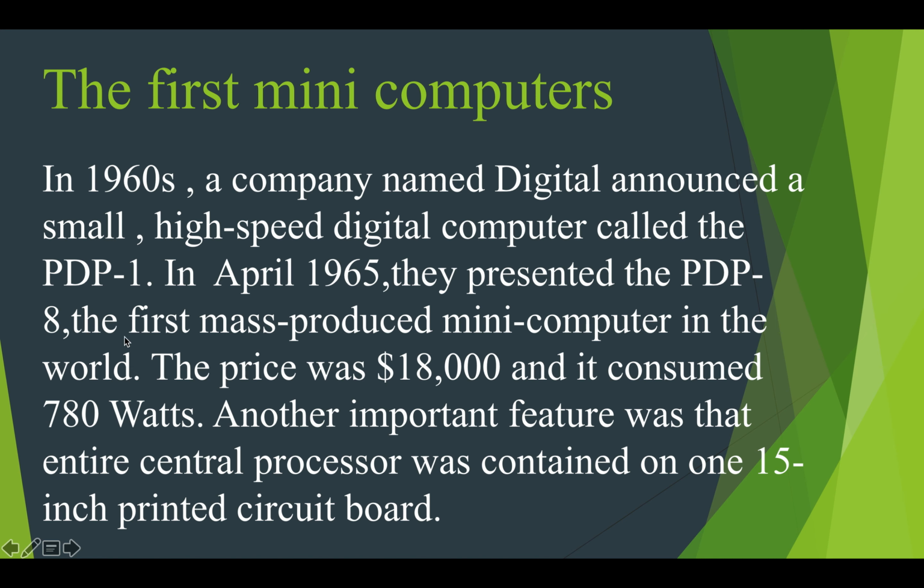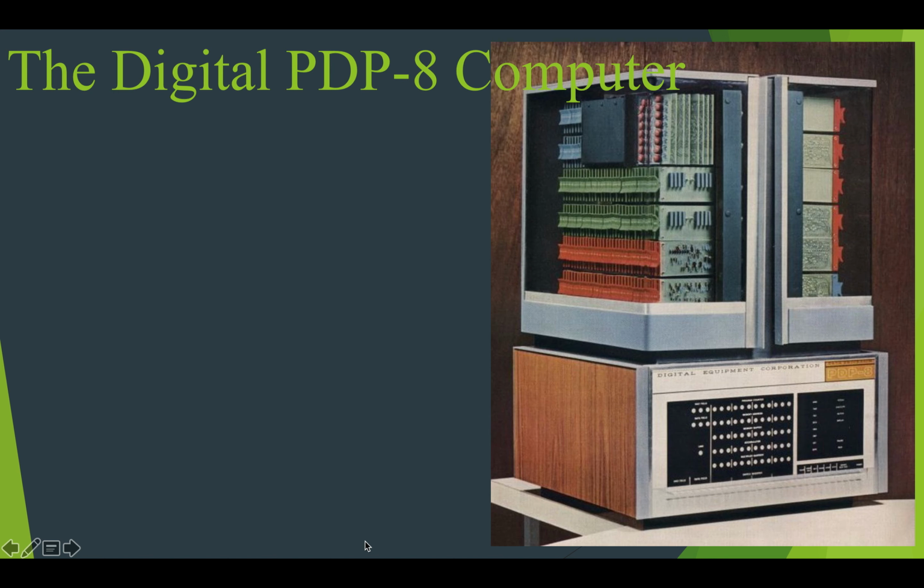It was the first mass-produced mini-computers in the world. Its price was $18,000 and it consumed 780 watts. Another important feature of this PDP-8 was that the entire central processor was contained on one 15-inch printed circuit board. This is the picture of digital PDP-8 computer.